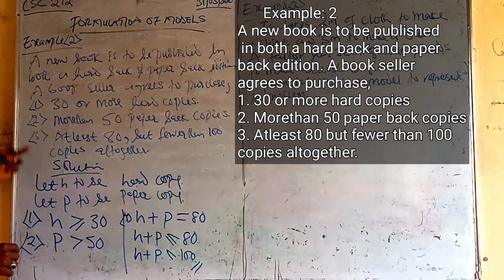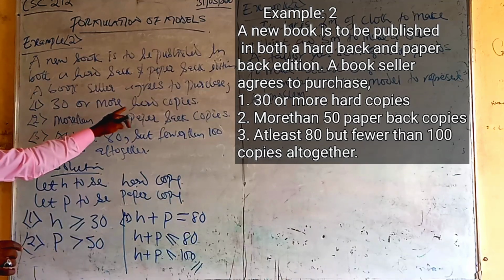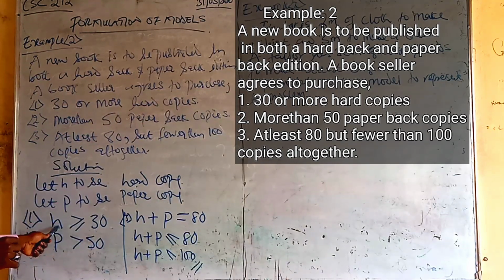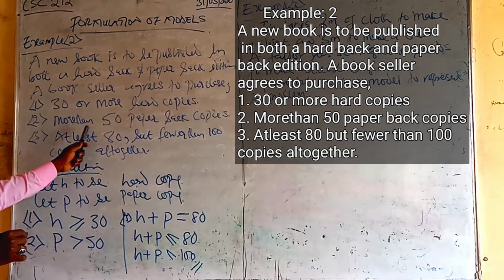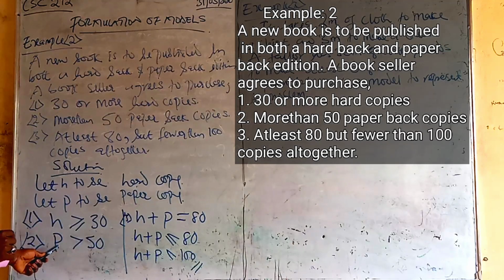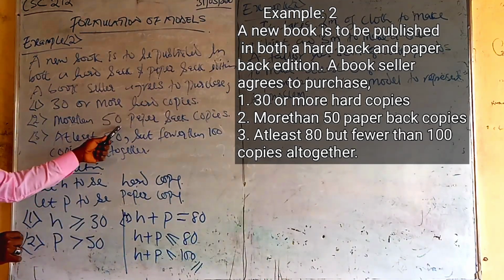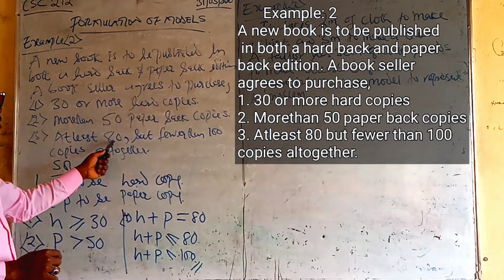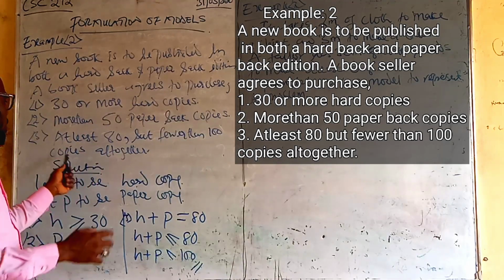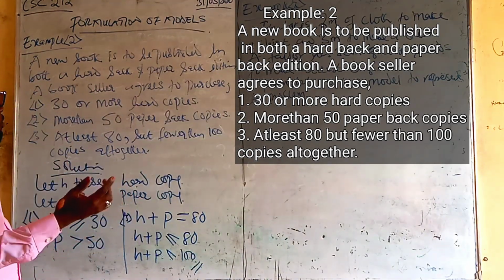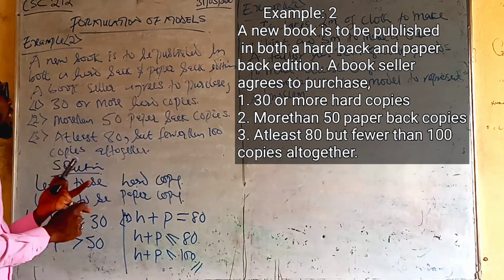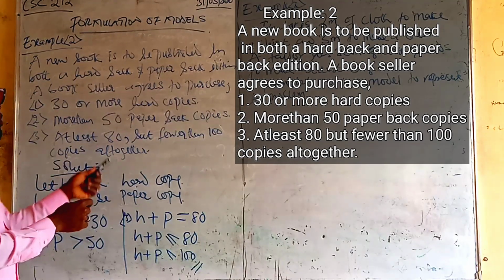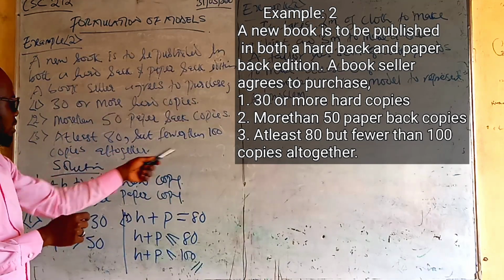So as you can see, the bookseller agrees to purchase, number 1, 30 or more hard copies. Here, H is greater than or equal to 30. Number 2 scenario stated more than 50 paperback copies. That is, paperback is greater than 50 copies. Then in the third scenario, the bookseller agrees to purchase at least 80 but fewer than 100 copies altogether. That is, he has agreed to purchase both the paperback and the hard copy, about 80 of them, but fewer than 100.